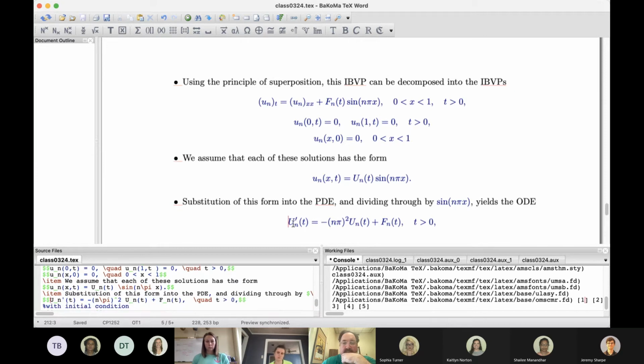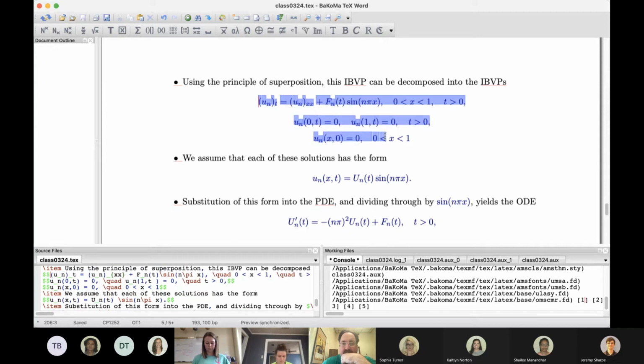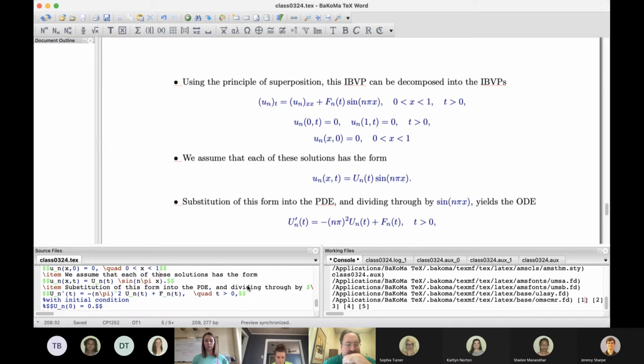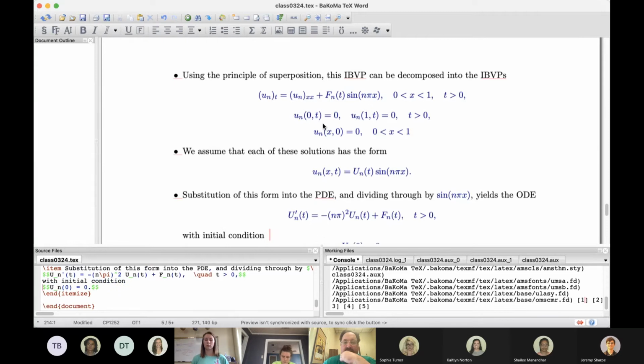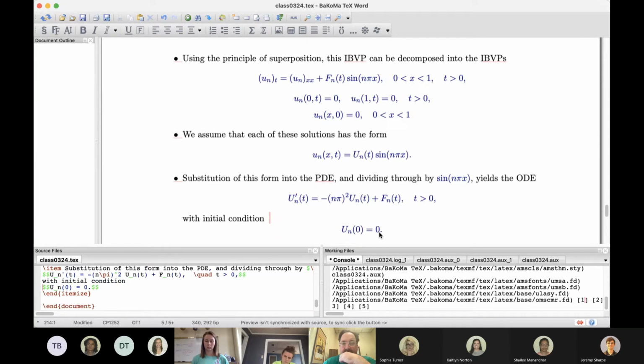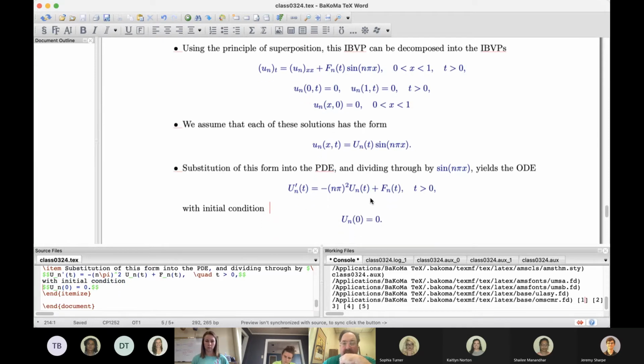So solving this ODE is enough to solve this problem because the solution has this form. It just has one term, not infinitely many terms. And the initial condition comes from the initial condition here, it would just be 0. So now you can solve this non-homogeneous ODE with a 0 initial condition.